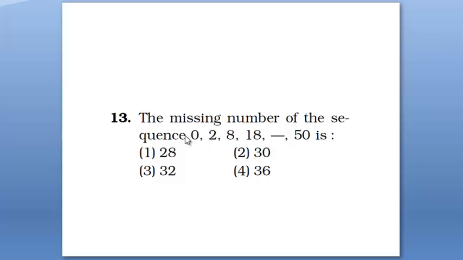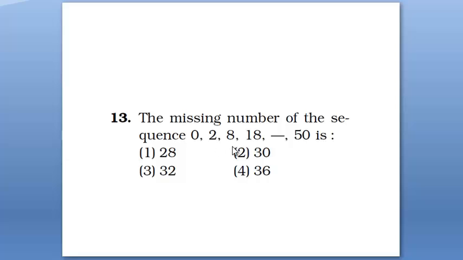The missing number of the sequence 0, 2, 8, 18, 50. Again, this is pretty much just check the difference. You have 2, then you have a 6, then you have a 10.